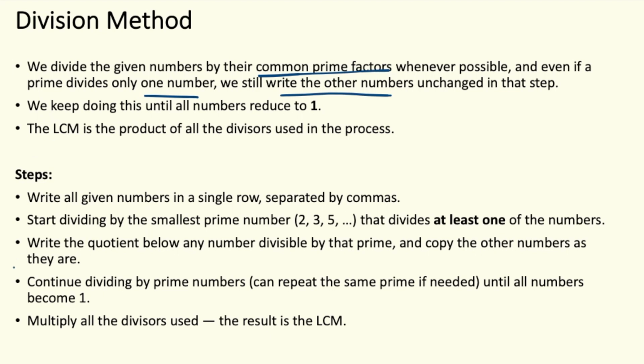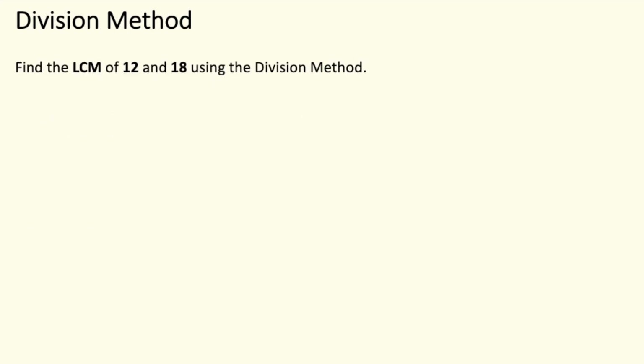The same steps are written here. I will show you an example. So here it is said to find the LCM of 12 and 18. So I'll write down 12 and 18 together. Then I will start dividing by prime numbers, starting from the lowest prime number, that is 2. Now if I divide 12 by 2, it is 6, and 18 by 2 is 9.